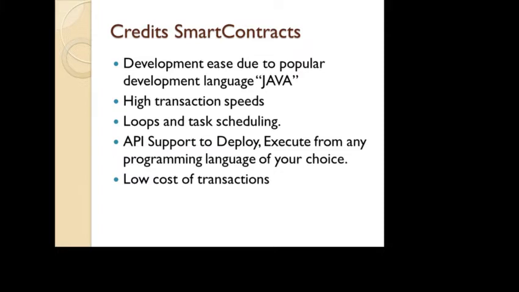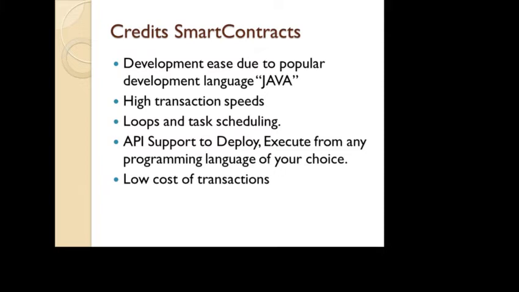So the main reason I am so interested in Credits is because of its development language behind the scenes. It is Java. Basically, Java is the most popular language out there, and many of the production systems are developed in Java.